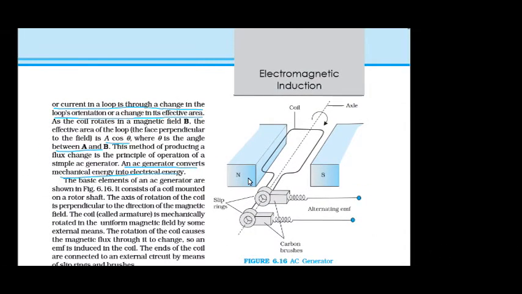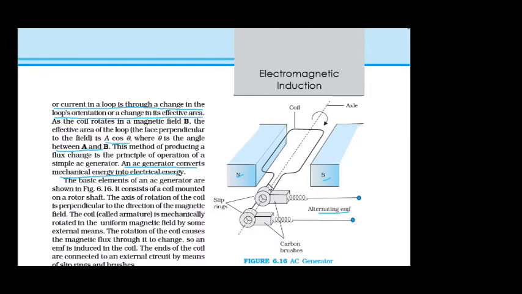So this is the north pole, this is the south pole of the magnet, here is the rectangular coil, here are the slip rings, here is the alternating EMF, and here are the carbon brushes. So this is the basic principle.